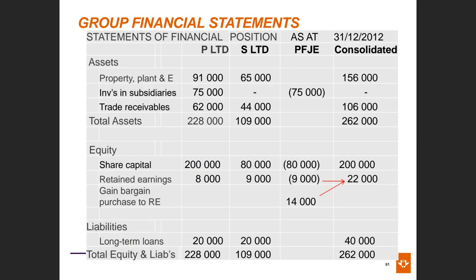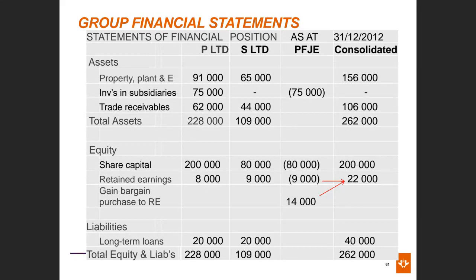In our consolidated statement of financial position, we have property, plant and equipment 91,000 plus 65,000 in S. Consolidated, that will give us 156,000. Then we have investment in S of 75,000 plus S Limited.